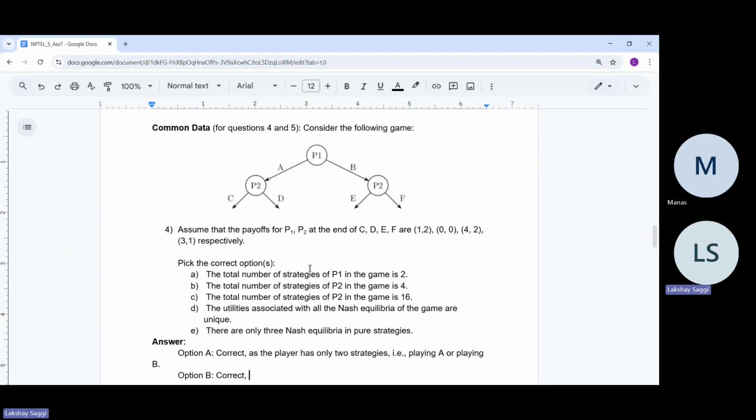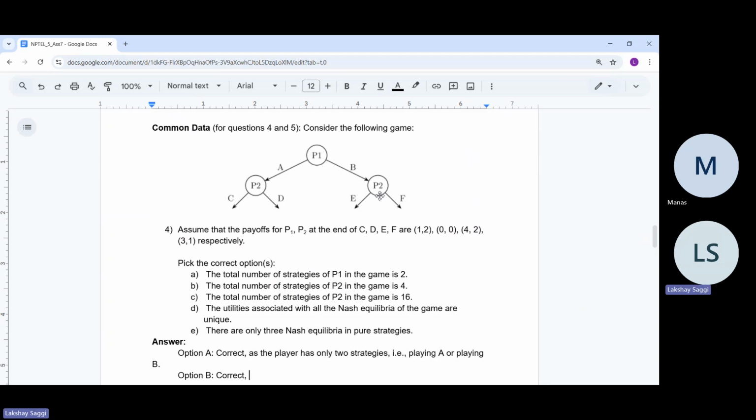But I want everyone to keep in mind how you count the total number of strategies. It's not that player two has strategies like C, D, E, F, and that's why we have obtained four strategies. This is actually not the case. What does a strategy mean? For player two, a strategy is actually a function.